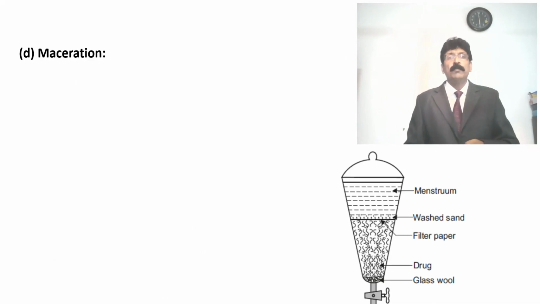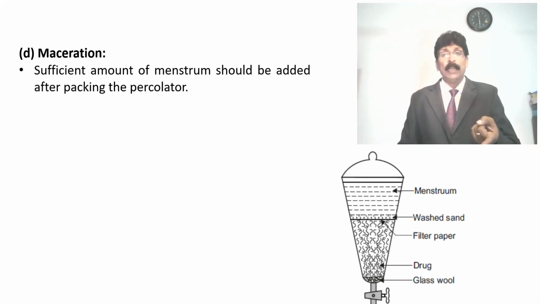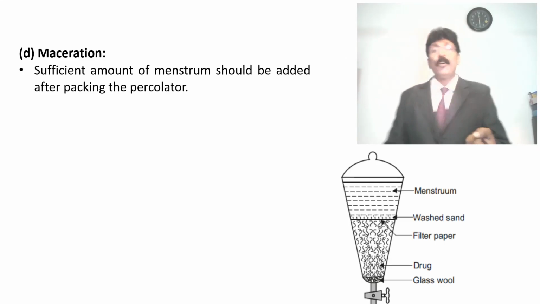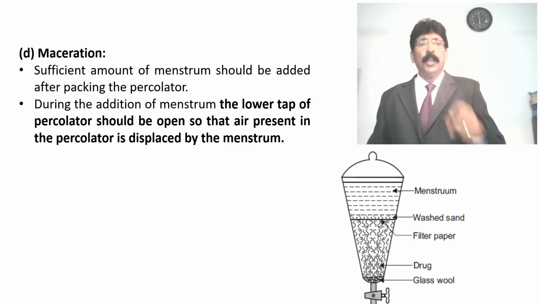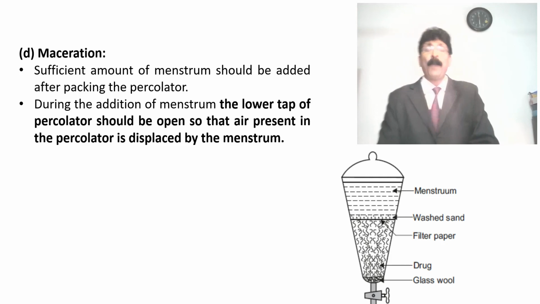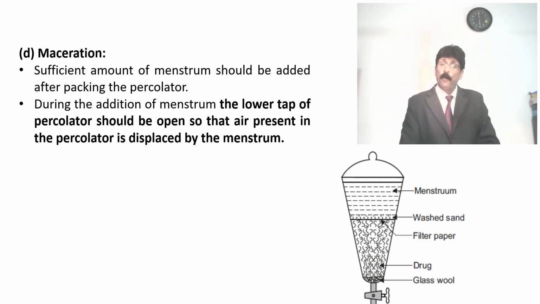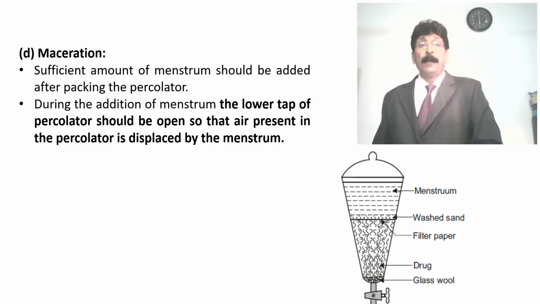The next step is maceration in percolation. Sufficient menstruum should be added from the top after packing of the percolator. During the addition of menstruum, the lower tap of the percolator should be open for some time, because the trapped air can be removed and displaced by the menstruum.